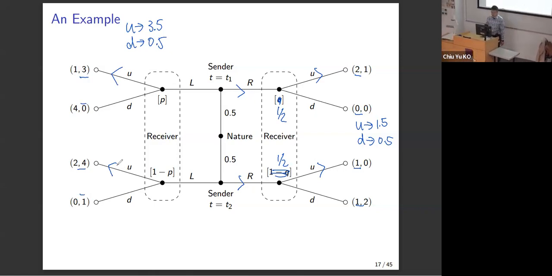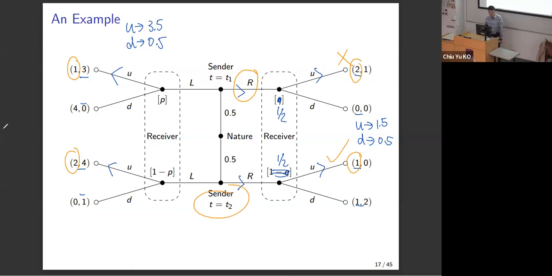So now let's look at the sender. If sender 1 sends R, the payoff is 2. If you deviate to send L, you get 1. So no deviation. For sender 2, if he sends R, it gives him 1. If he deviates, he gets 2. So there is deviation.